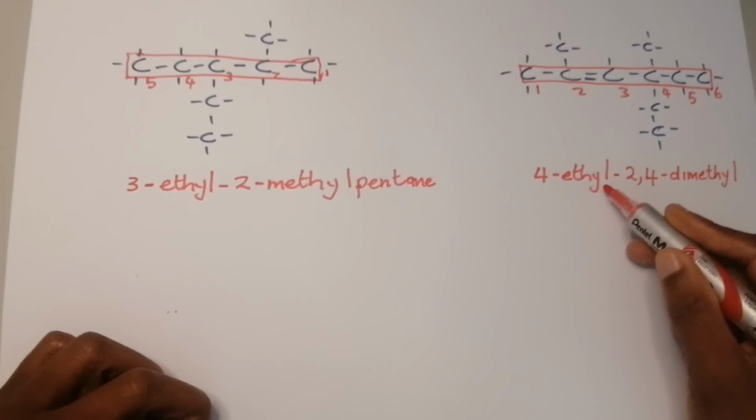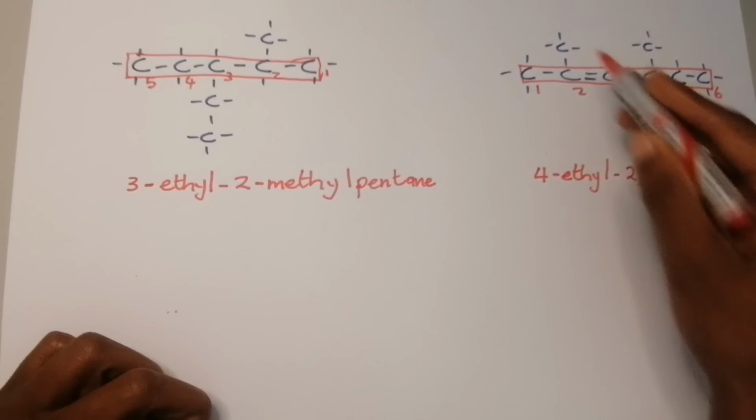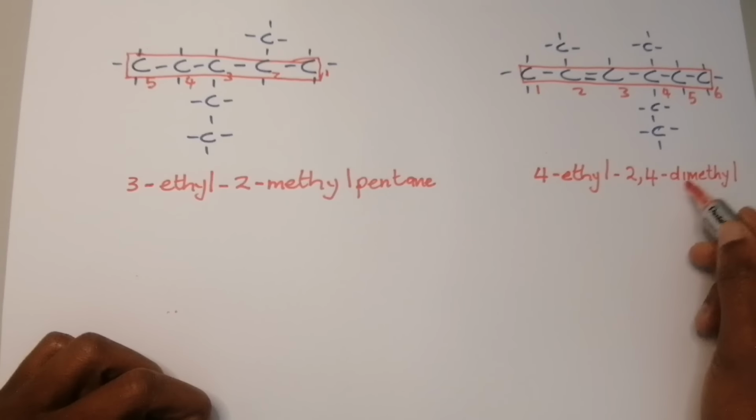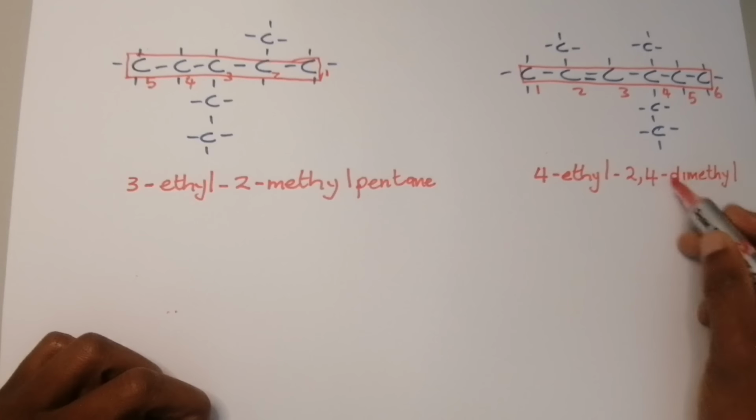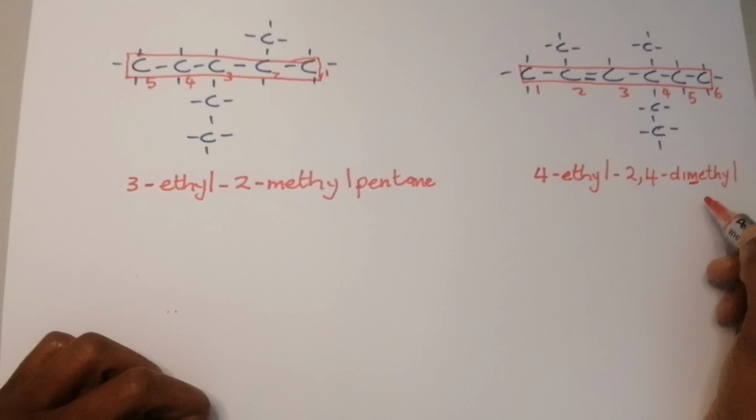So 4-ethyl, that's 2,4-dimethyl. Now, someone might want to say, ah, but D comes before an E. Now, please, I want you to note this one just designates the actual compound that we have there, substituent is the methyl, right? This one just tells us how many methyls we have.